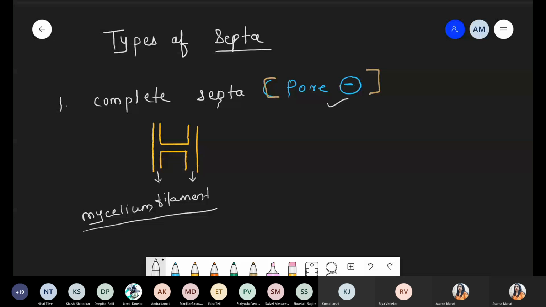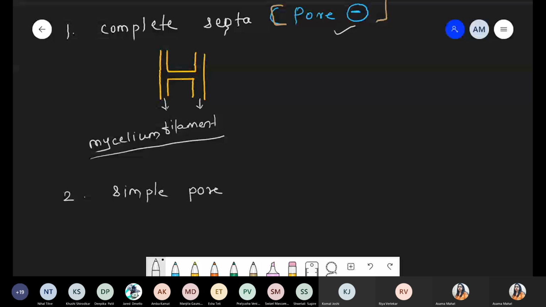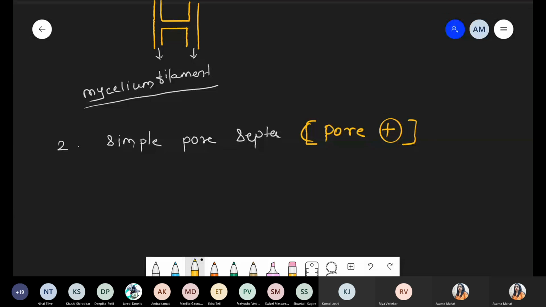Number two is simple pore septa. Simple pore septa means that a pore is present. Just see how it looks. In simple pore septa, for example, this is one filament.